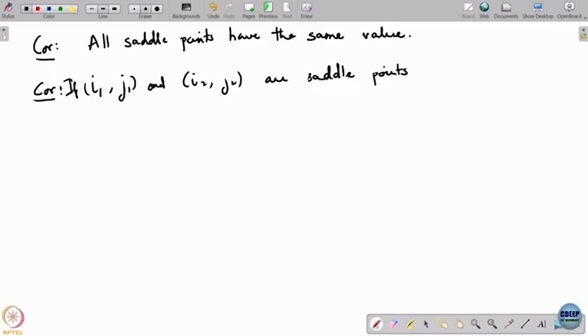What does this mean? Every saddle point must comprise security strategies, which means I1 is a security strategy for player 1, I2 is also a security strategy for player 1, J1 is a security strategy for player 2, and J2 is also a security strategy for player 2.